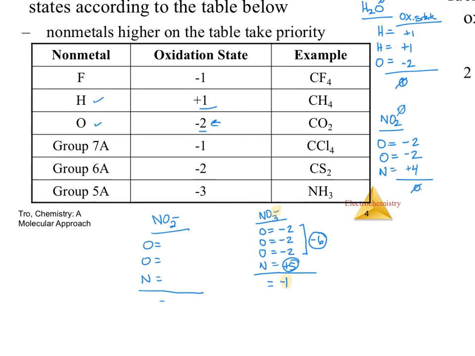They must all add up to -1. Each oxygen is -2. So overall, the oxygens combined is -4. -4 plus X equals -1. X must be +3. So there are a few examples of how you assign oxidation states for molecular compounds.